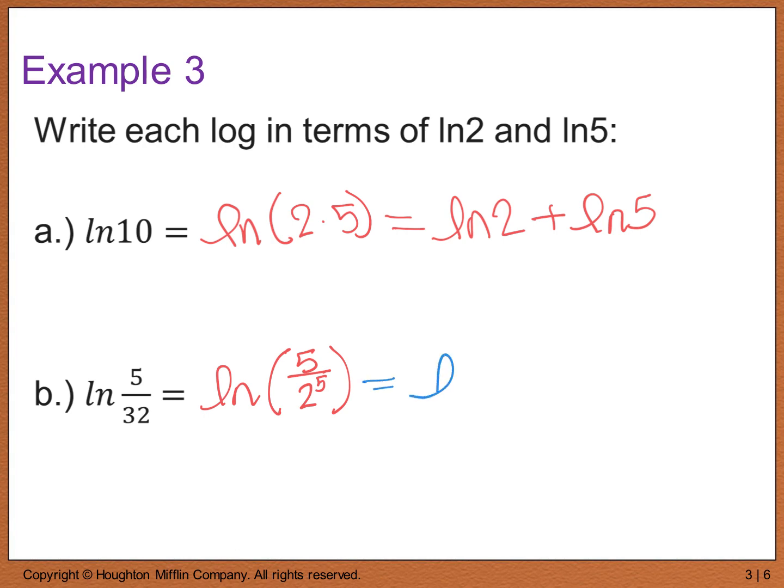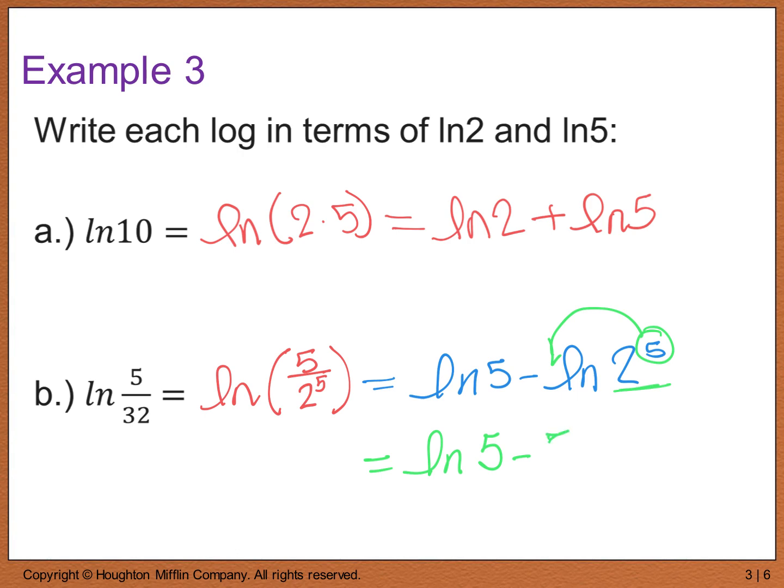So I have the natural log of 5 minus the natural log of 2 to the 5th. And one thing I noticed is I do have a power here, so I'm going to take this exponent and bring it down up front. So my simplified answer would be the natural log of 5 minus 5 times the natural log of 2. And this right here would be my final answer.